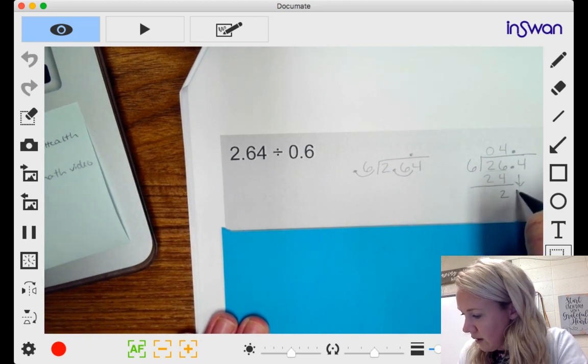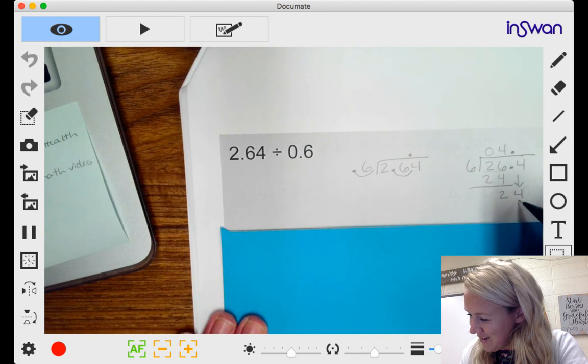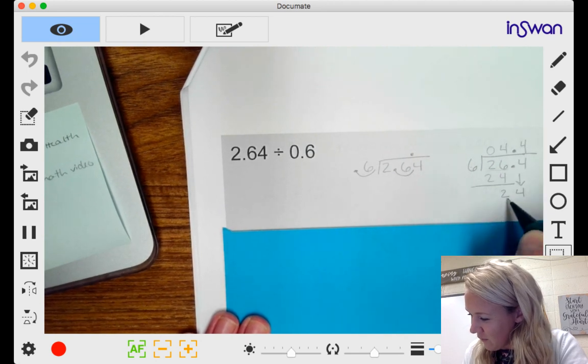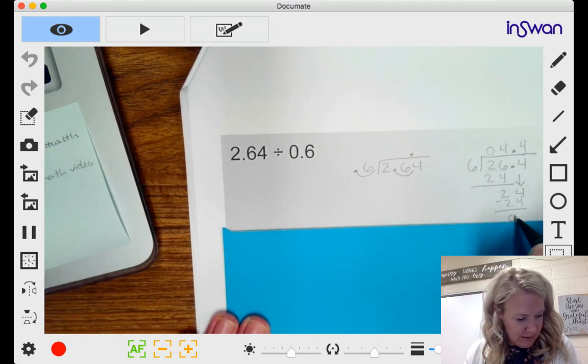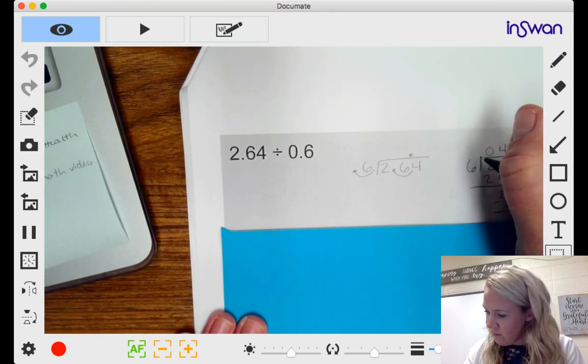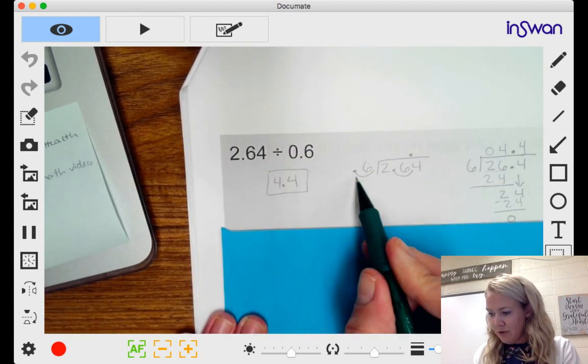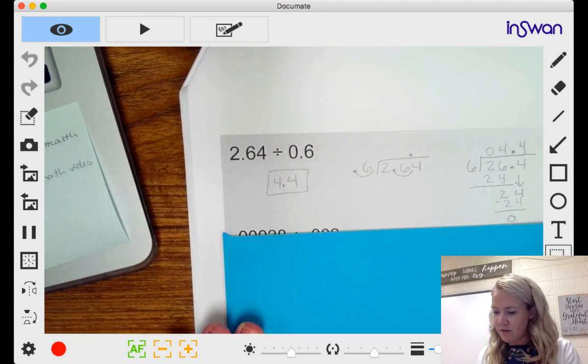Subtract 2, bring down the 4. 6 goes into 24 4 times, because 6 times 4 is 24. So we get an answer of 4.4. I multiplied both by 10, which doesn't change my answer.